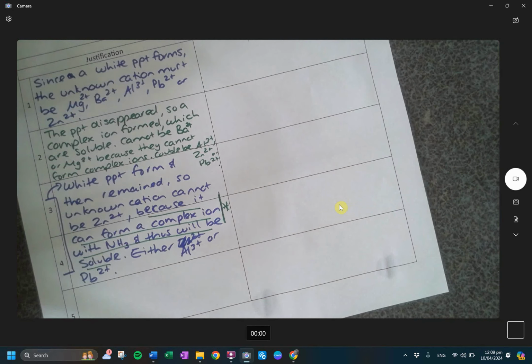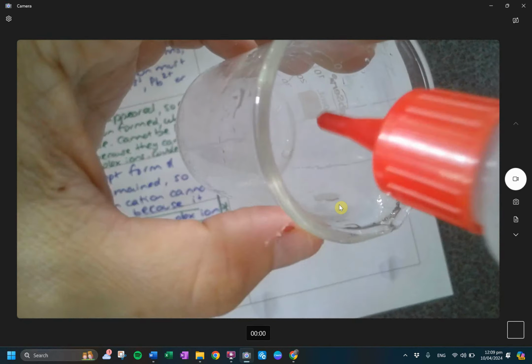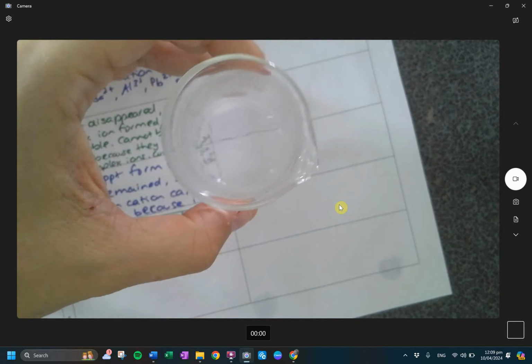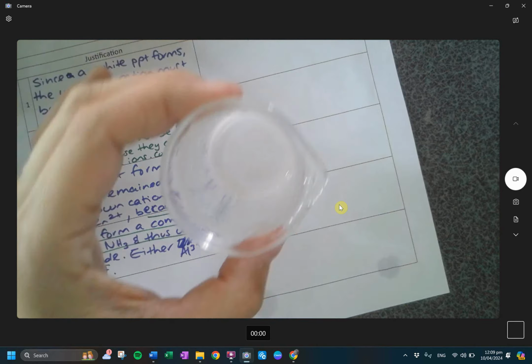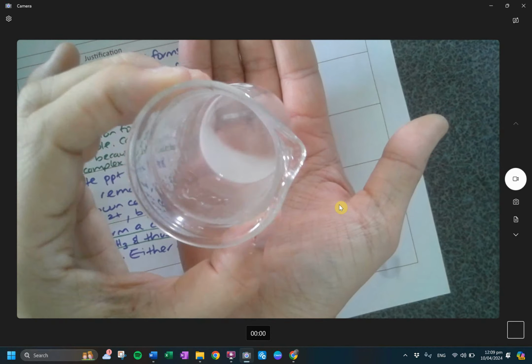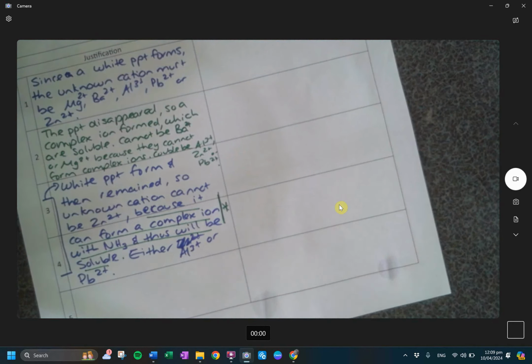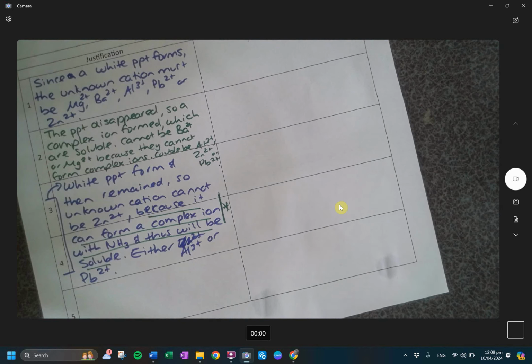All right. If you want to compare to double check, I can happily give you a lead so you know what lead looks like. That is lead. And then if I added sulfuric acid to lead, it's a pretty obvious white precipitate. So we can be pretty confident that's not lead.